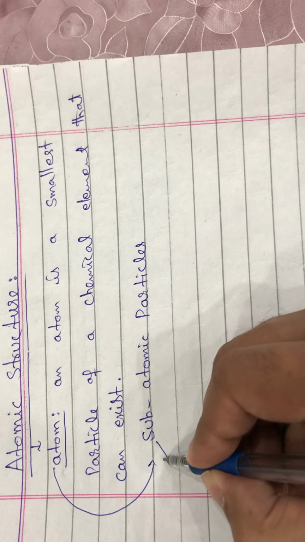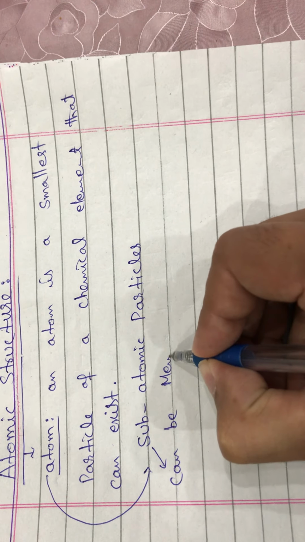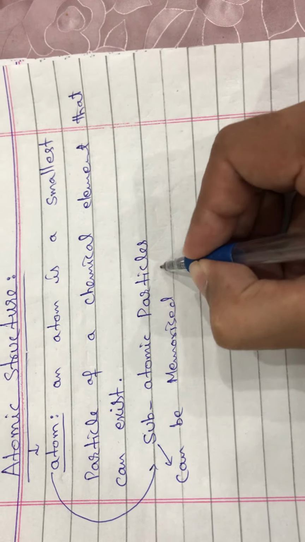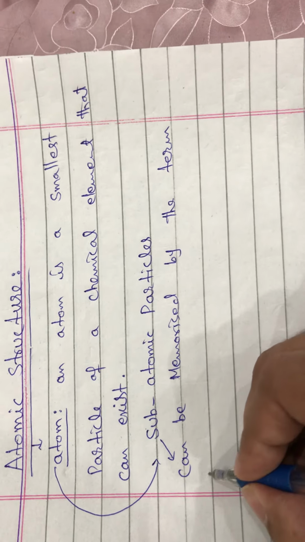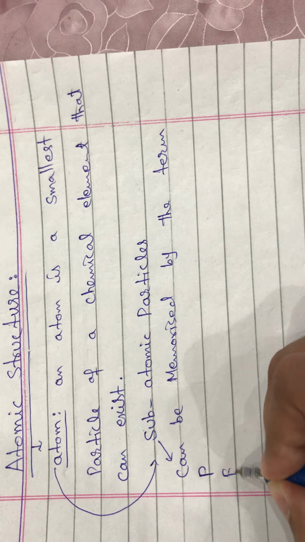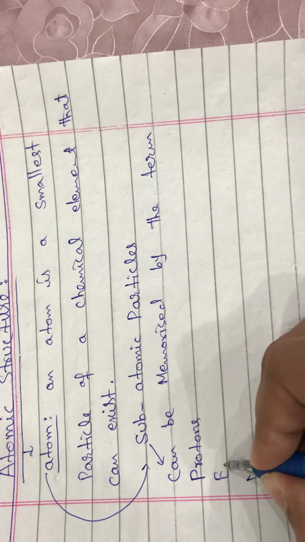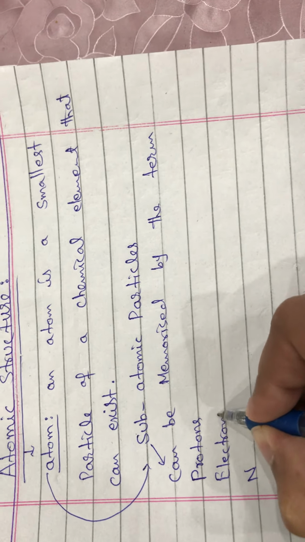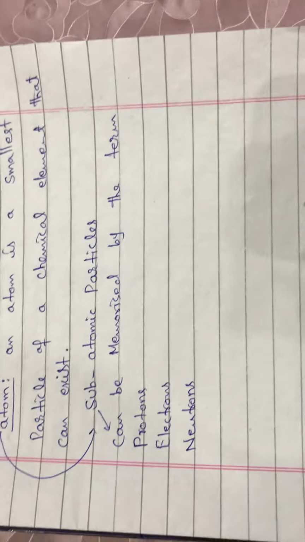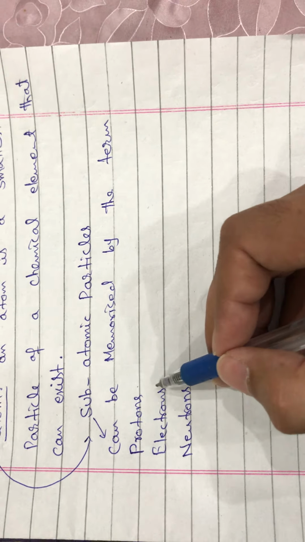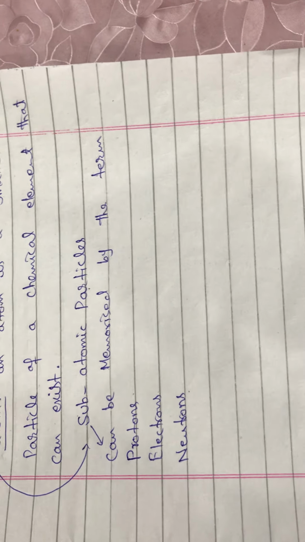Those subatomic particles can be memorized by the term PEN. P stands for protons, E stands for electrons, and N stands for neutrons. So, protons, electrons, and neutrons are subatomic particles of an atom.